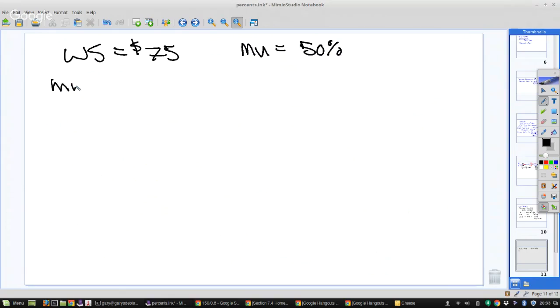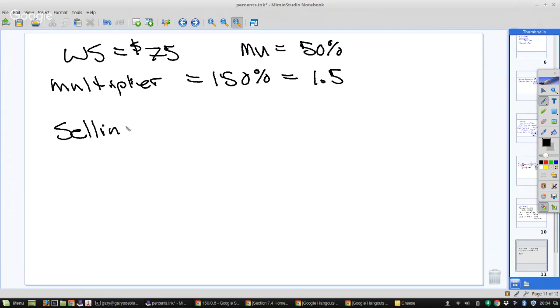So that means my multiplier is 150%. As a decimal, that's going to be 1.5. Percent is divided by 100, which shifts the decimal point twice. So 1.5 and 150% are the same thing. So to get the selling price, I would just take my $75 starting wholesale price and multiply it by 1.5.